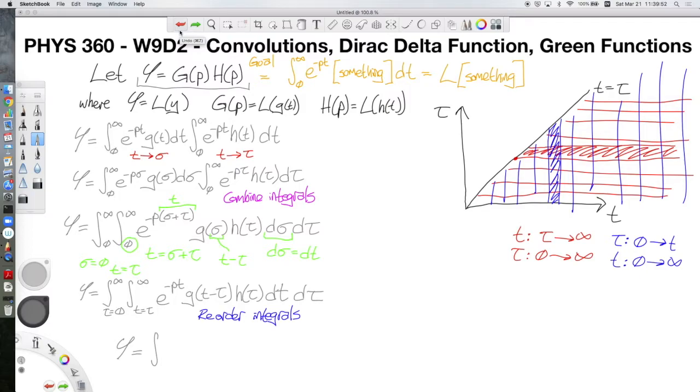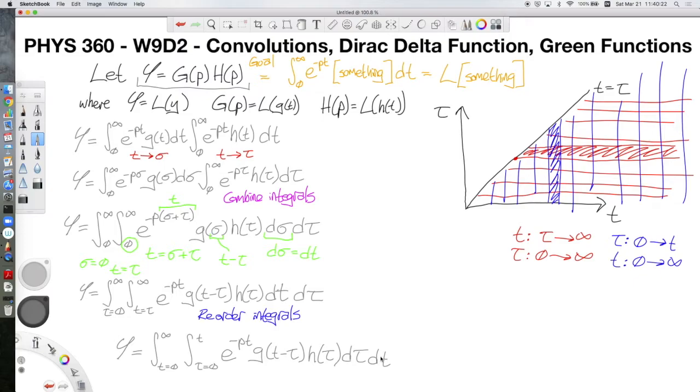There. From t equals 0 to infinity on our outer integral, and from tau equals 0 to tau equals t on our inner integral, e to the minus pt times g of t minus tau times h of tau d tau dt.